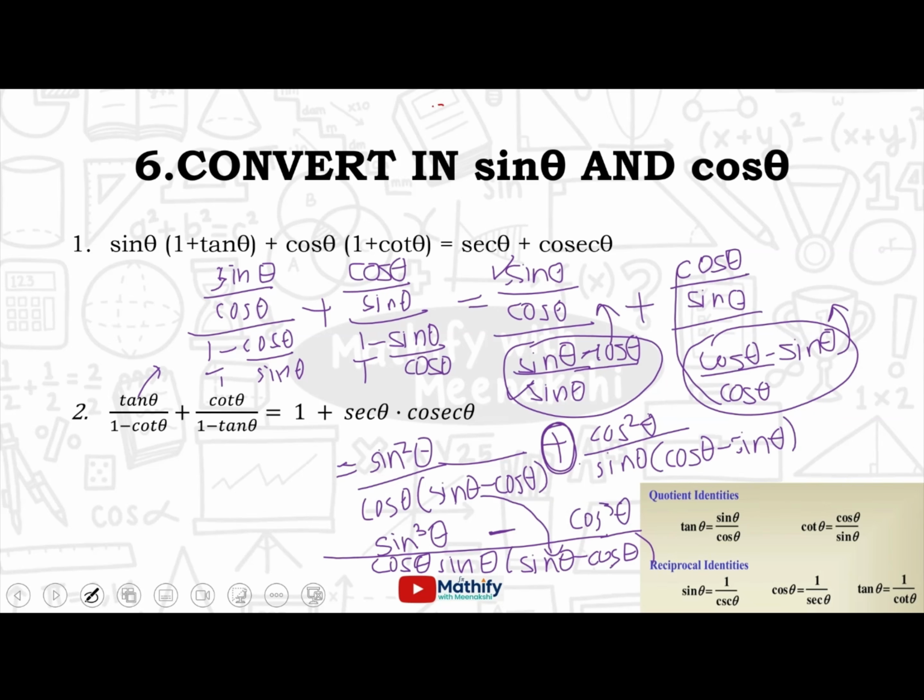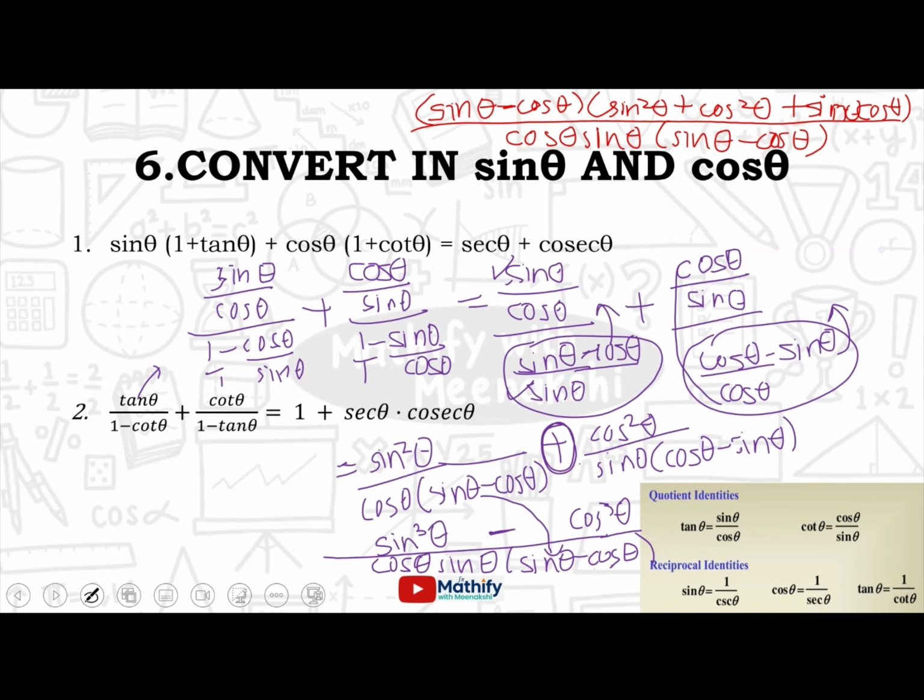That is a minus b, sine theta minus cos theta, into a square, that is sine square theta, plus b square cos square theta. If it's minus, then at last you write plus ab, that is sine theta cos theta. Now divided by cos theta sine theta into sine theta minus cos theta.